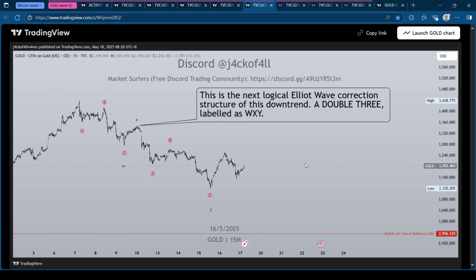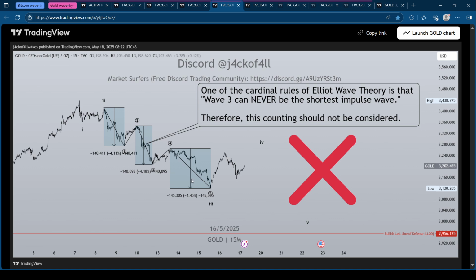So what will be the most logical Elliott wave correction next to this? That will be a double 3. In other words, I label the first wave down as A, B, and then the 5 internal waves of wave C, and then label it as W, and then an intervening wave X, and then continue with the A, B, and C. So with this, the structure is more clear compared to the first type of counting.